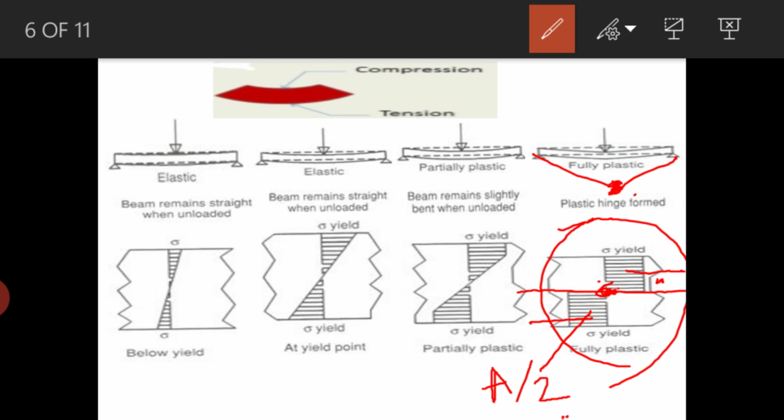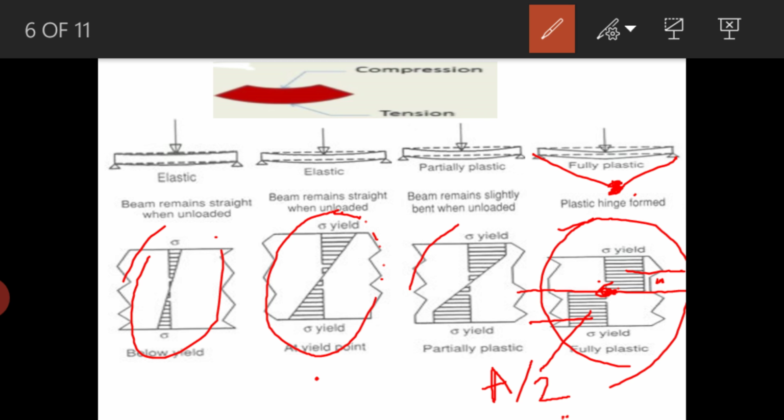I explained it here. In the first stage, we put the load and unload it on the lighter side, so all the stresses will be well within the yield stress. In the second stage, when we further increase the load, the stresses reach the yield stress, and the moment is called the yield moment, calculated as F into ZE, where ZE is the elastic section modulus.